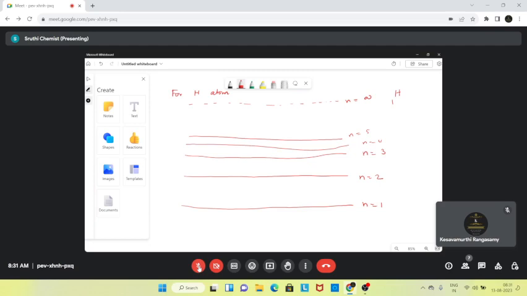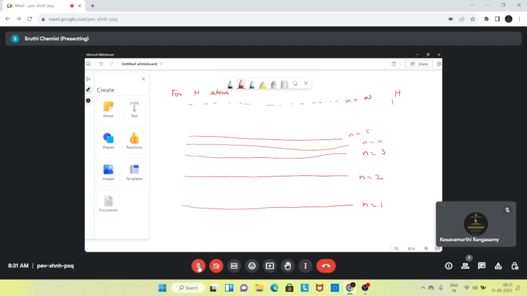It does not mean the electron will always stay in the first orbit. The electron stays in the first orbit when the energy is low, but if it gains energy, it will move to a particular orbit according to the energy absorbed.